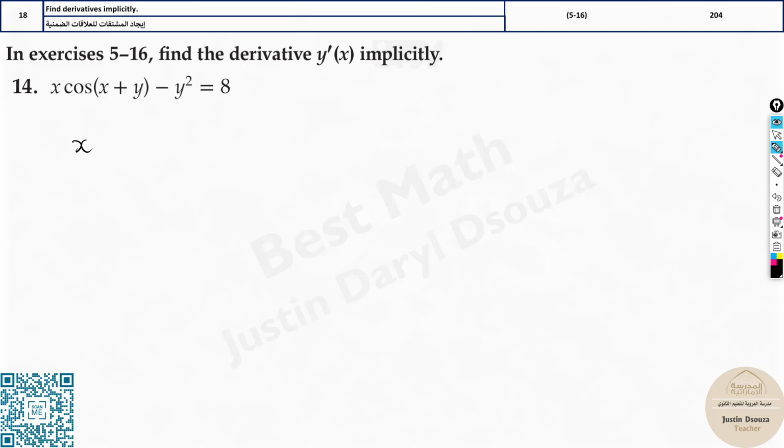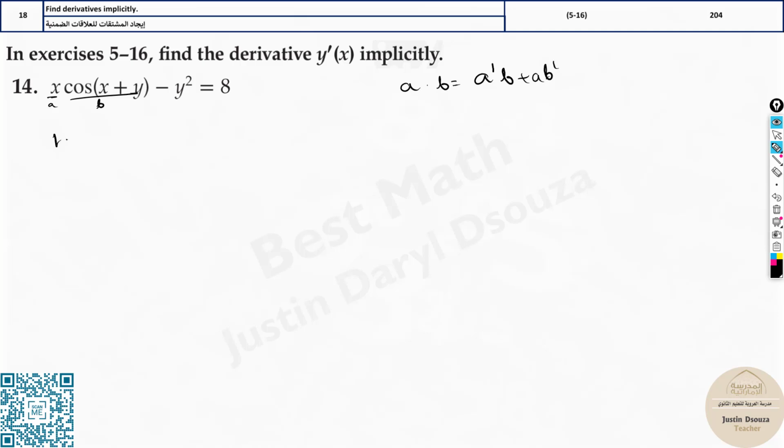First let me write the rule for the product rule: a prime b plus a b prime. I just make it a habit. I know the rule by heart, but just write the rule, it's much easier, and you will never tend to make any mistakes. Let's solve the first term. This is a, and this is b.